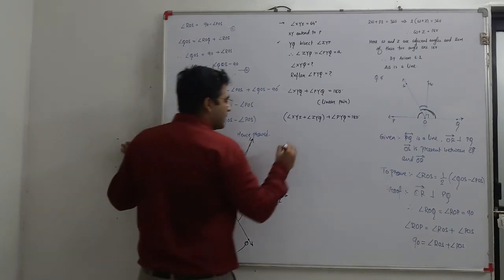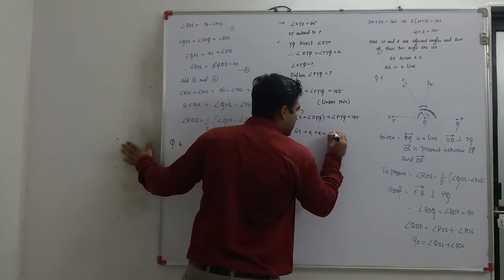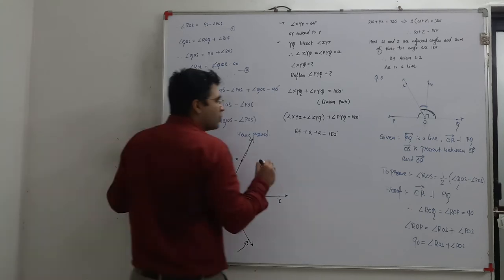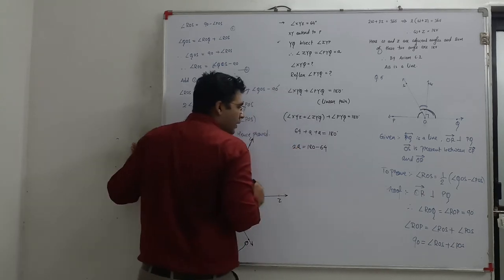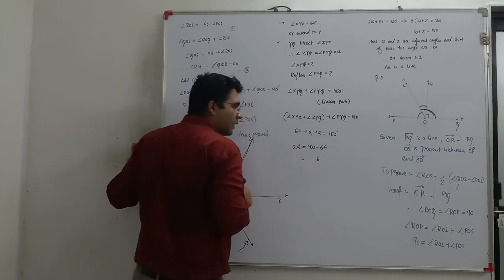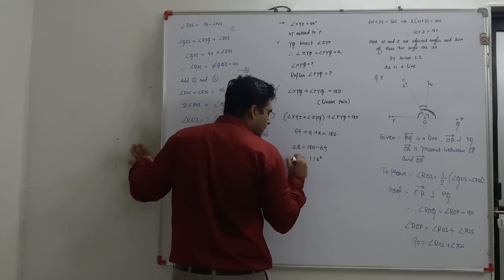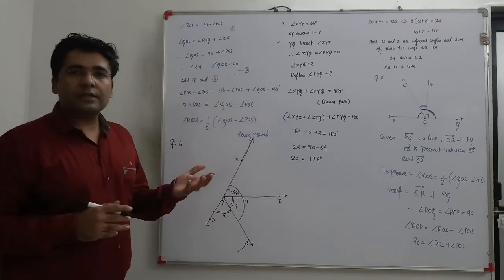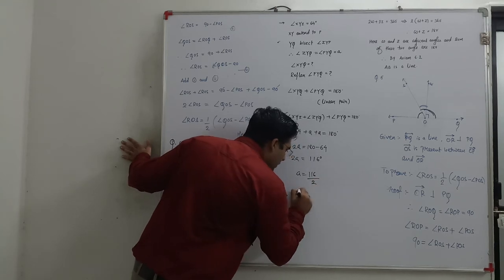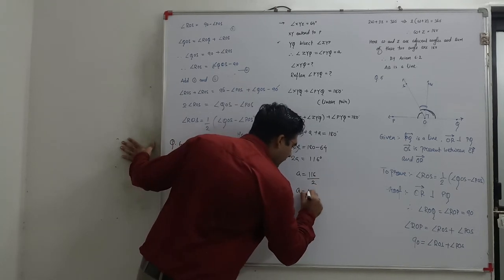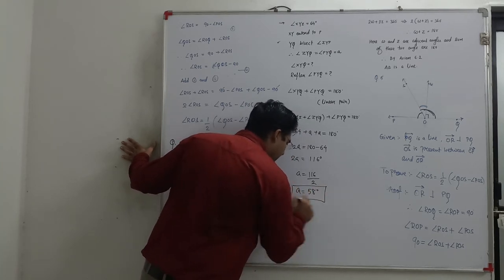XYZ is equal to 64, ZYQ is equal to A, and this one is also A. So 2A is 180 minus 64, which is 116. So 116 is equal to 2A, and A is 116 divided by 2, which is 58 degrees.